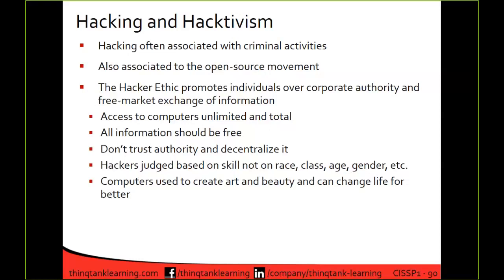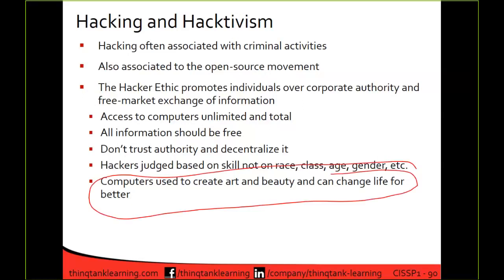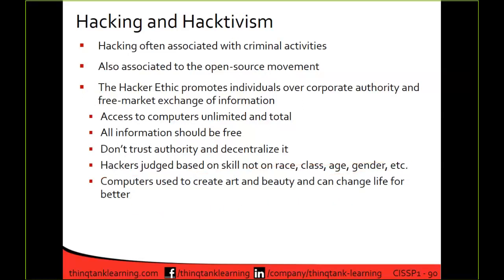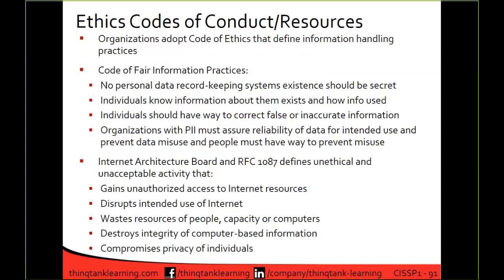I think you guys get the idea, right? And it's still prevalent today. We see it on a daily basis. Computers being used to change life for the better, quote unquote. I like the way that's worded there. Change life for the better. That's generally what we classify hacktivism under.